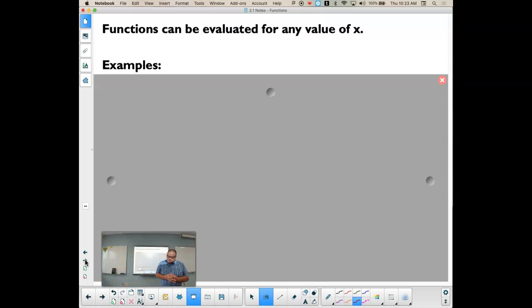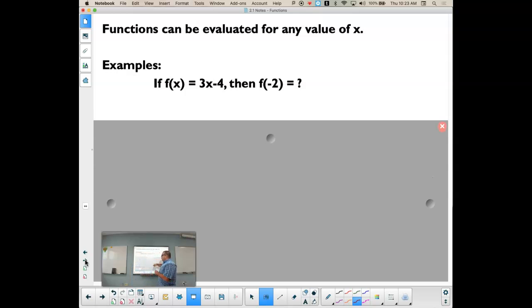Functions can be evaluated for any value of x. Okay? So remember, function notation looks like this. We've got a letter out in front, and then we've got a defined variable.